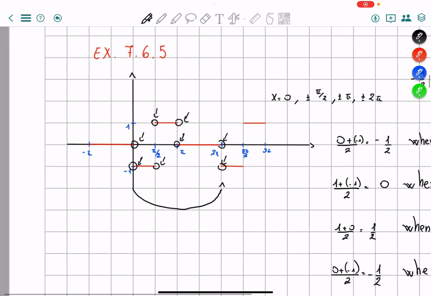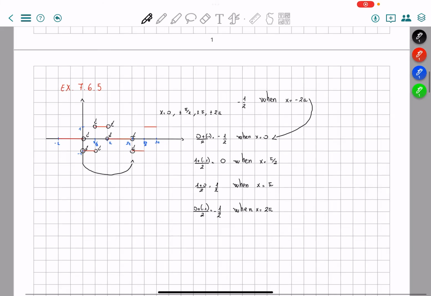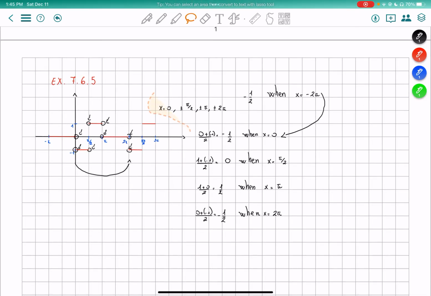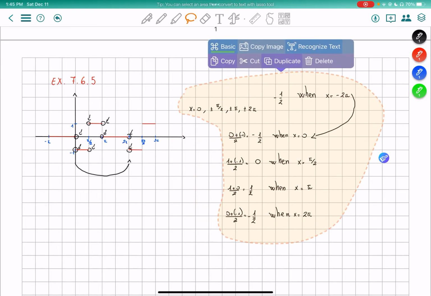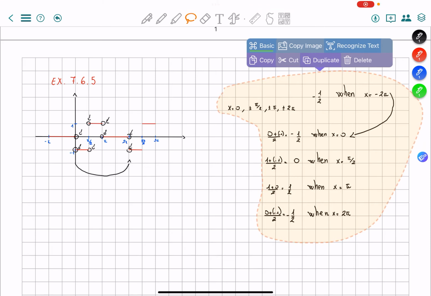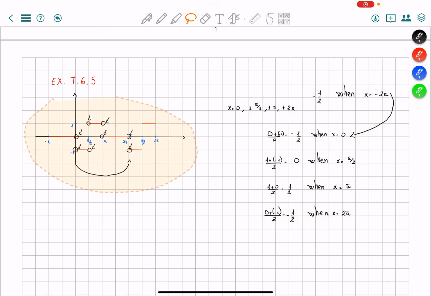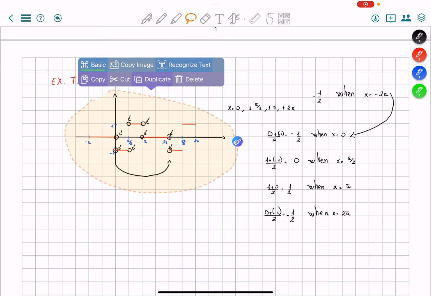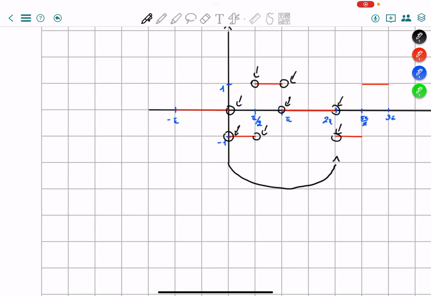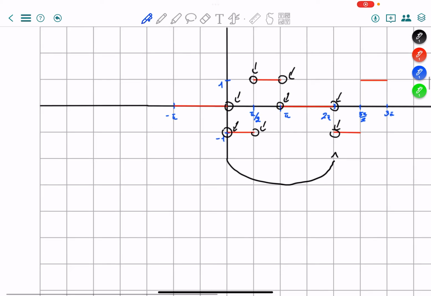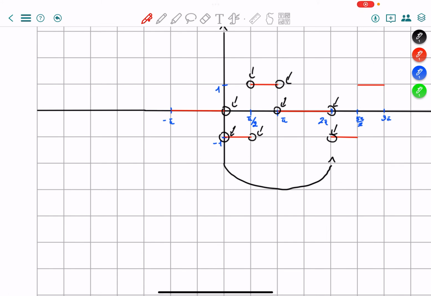Now let's check to make sure. Let me move all these calculations a little more to the right, and this graph more to the right, so we have the space on the left. Now we draw the same values.